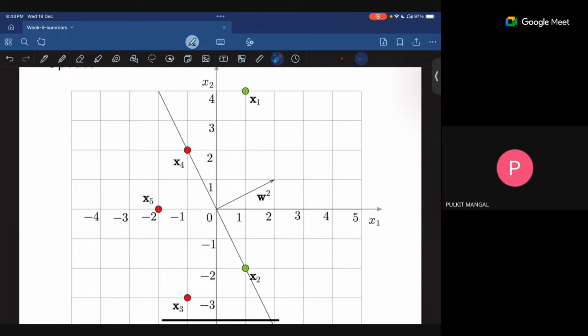Now one more thing to remember: x4 was the mistake, and with respect to x4 we have updated our weight vector, but x4 is still incorrectly classified, because in the case of a tiebreaker we are taking the output as positive. So x4 is still falsely predicted. It is a mistake.